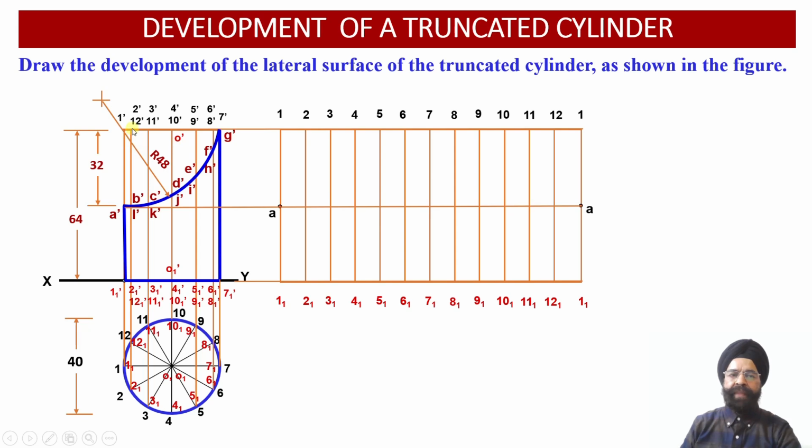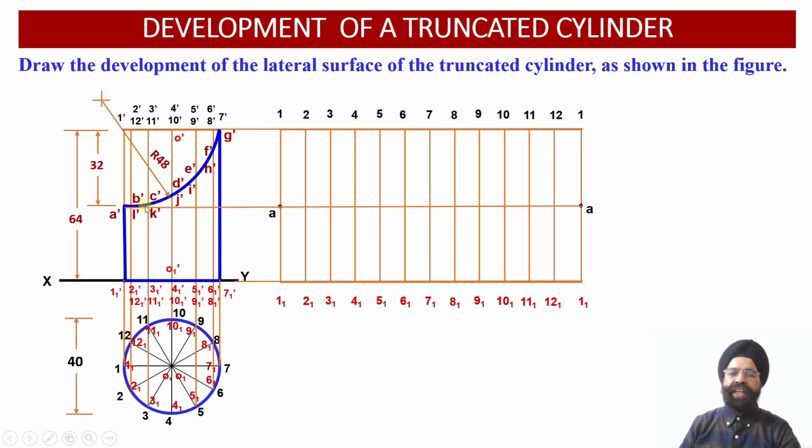Similarly, we can check the vertical generator 2 dash and 2 1 dash. It has been intersected by the cutting plane at this point, which is B dash. Similarly, the vertical generator 12 dash and 12 1 dash has also been intersected by the cutting plane at the point L dash over here.